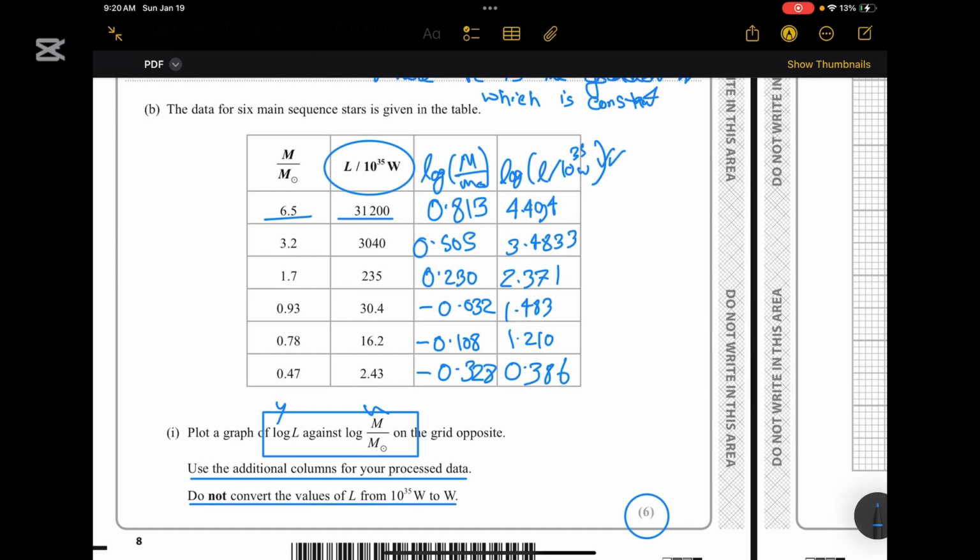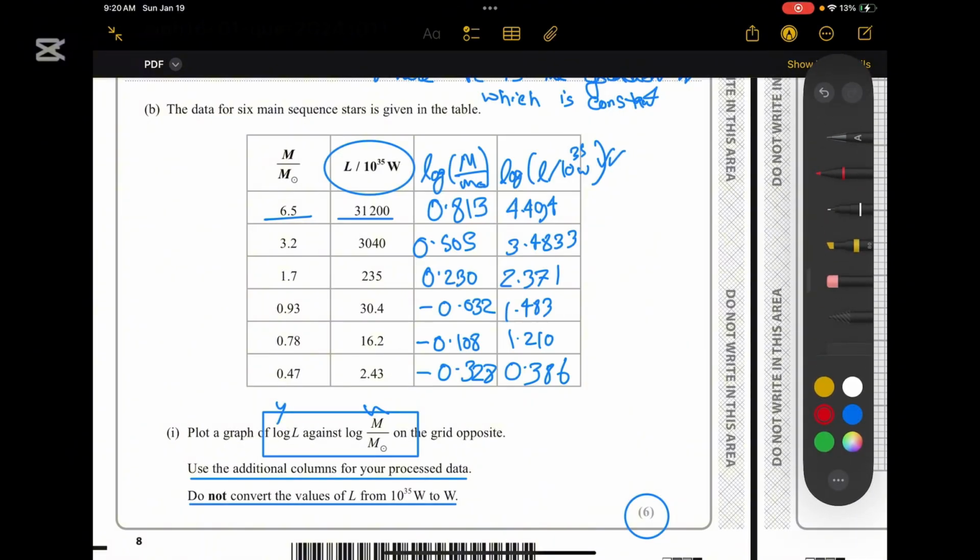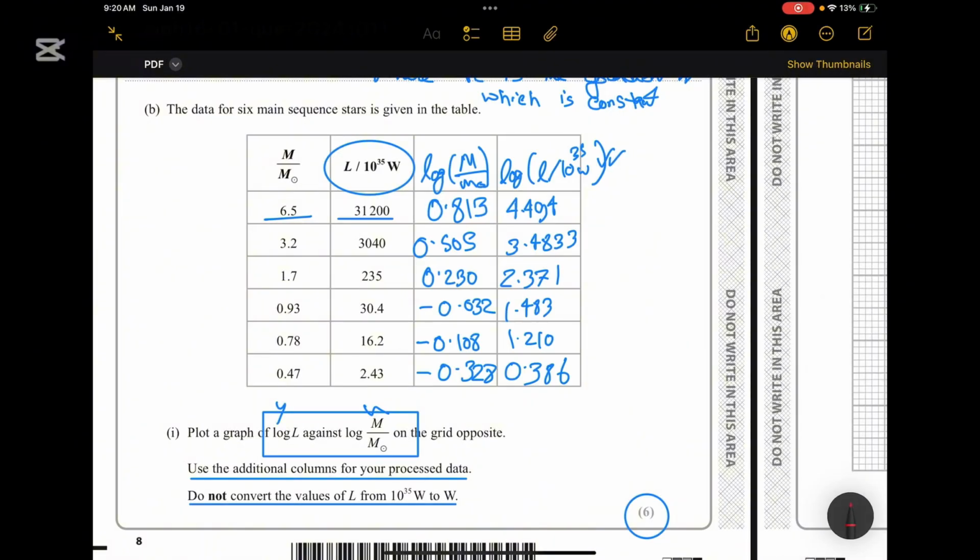If we have a look at these points right here, the biggest value is 0.8, which decreases to minus 0.3. So from 0.8 to minus 0.3, it's a difference of 11 boxes.